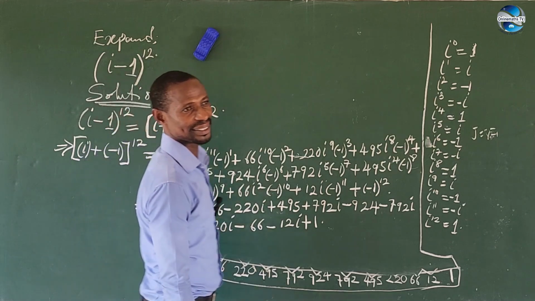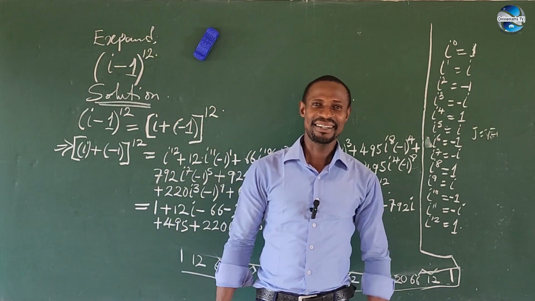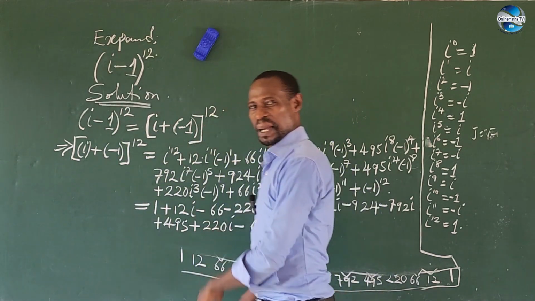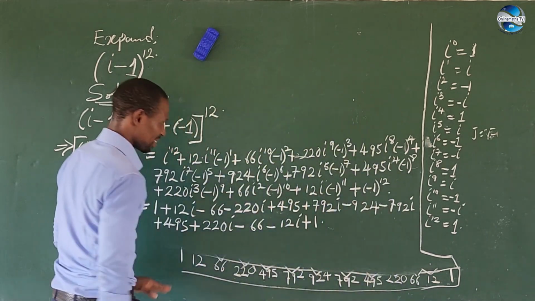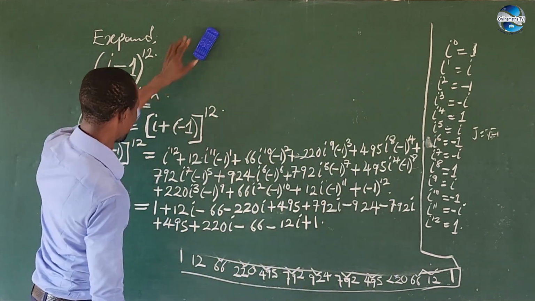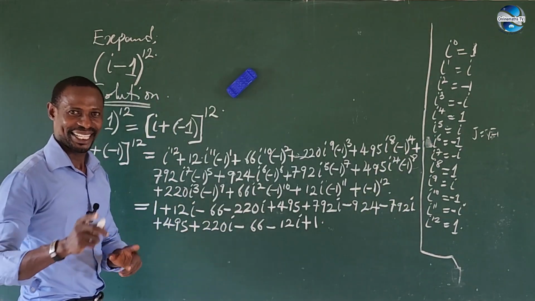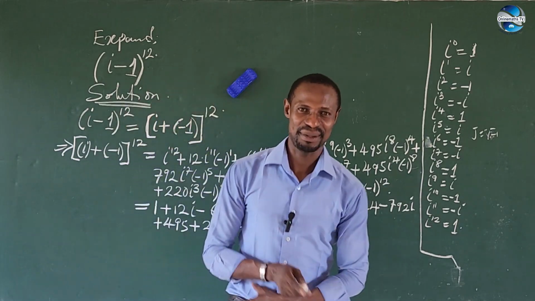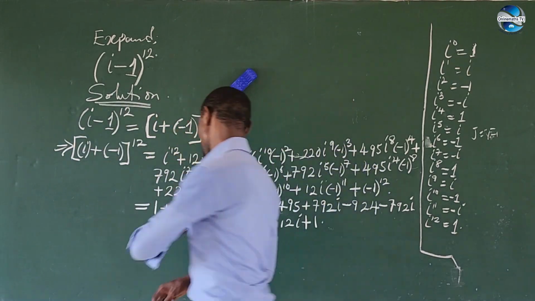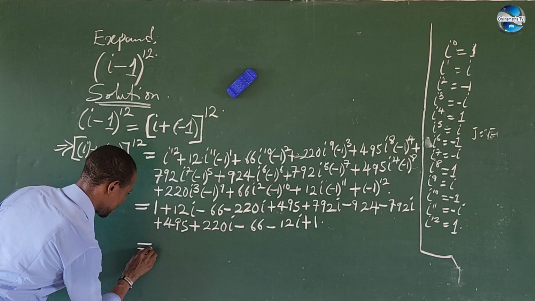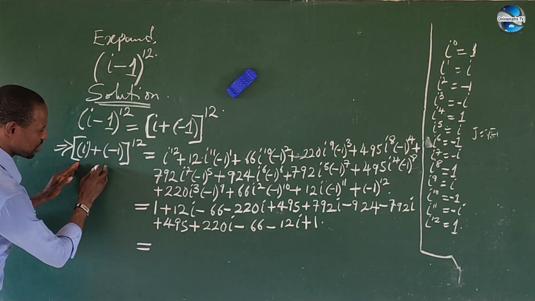I'm sweating, man. Okay, but we'll get there. So let's erase this so that we put our final answer here. All right, so now let's take the last lap to this challenge. Let's have here equal to, mind you, it is our expression we have here now.